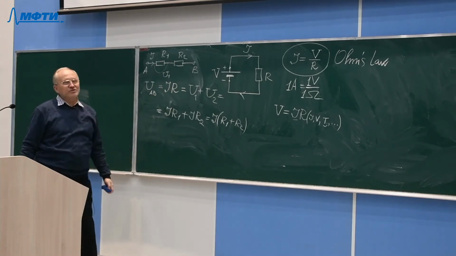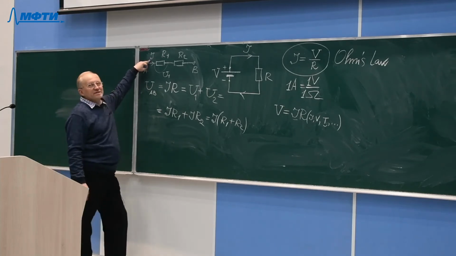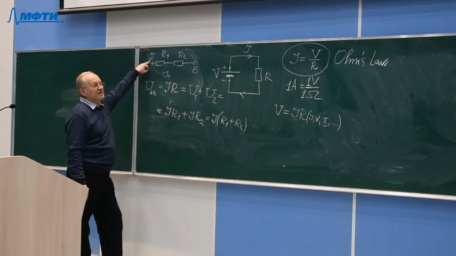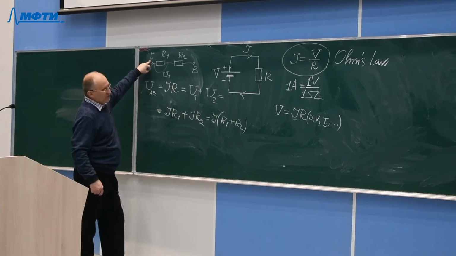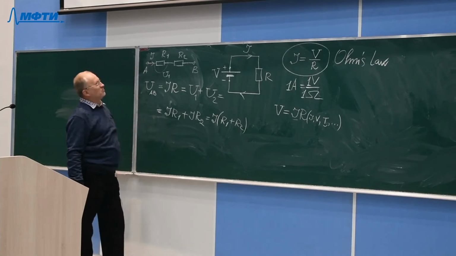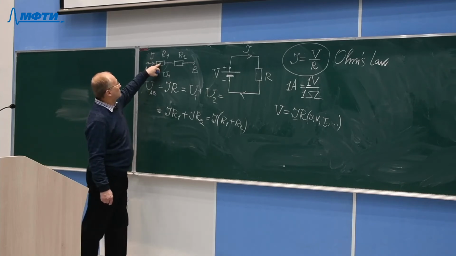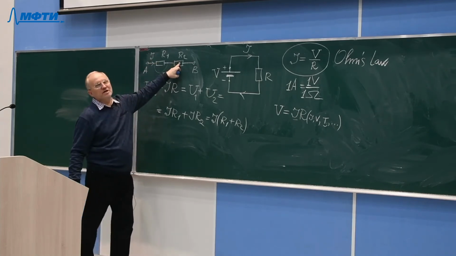If the electric current is alternating, and if the frequency of alternation is very high, then theoretically and practically it's possible that at any given moment of time, the electric current in this element of the circuit will differ from the electric current in this element of the circuit.